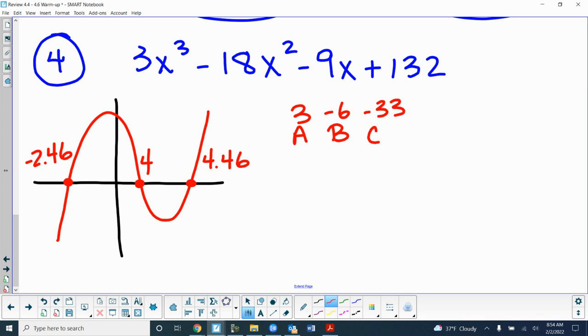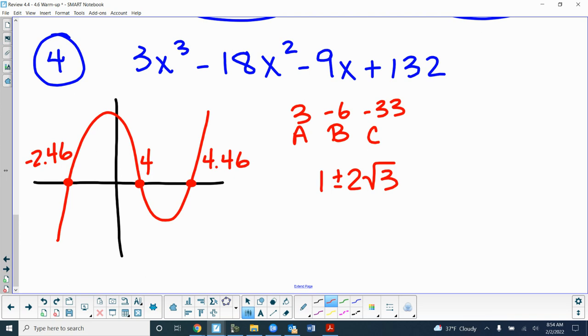If you did synthetic division for the 4, and then when you did the quadratic formula, you got this answer, 1 plus or minus 2 times the square root of 3. Okay? If you did that, that's fine. That would give you the 4.46 and the negative 2.46.